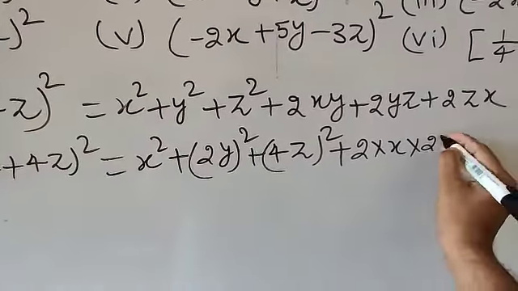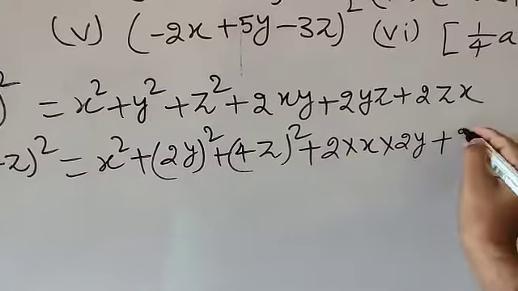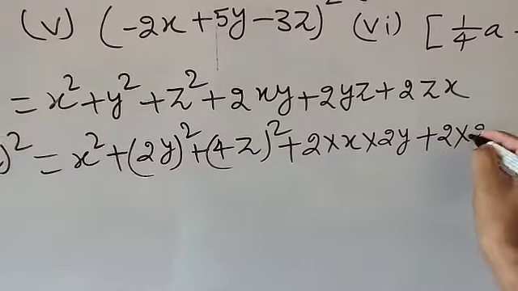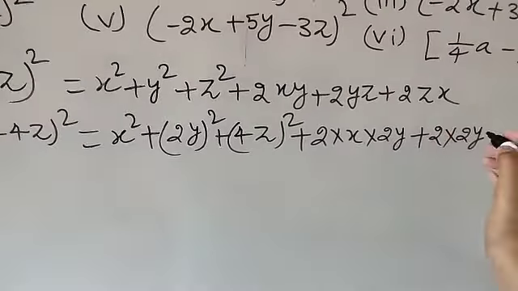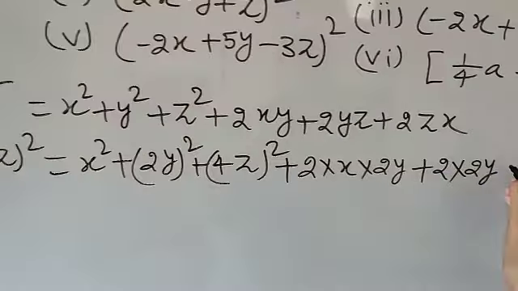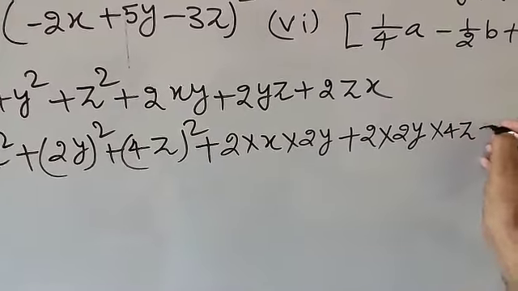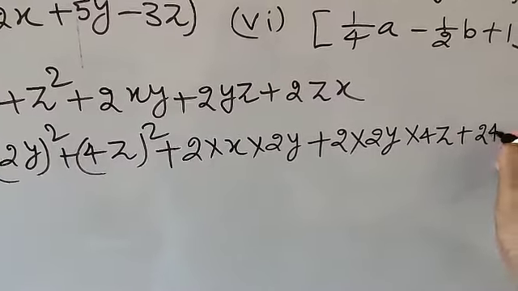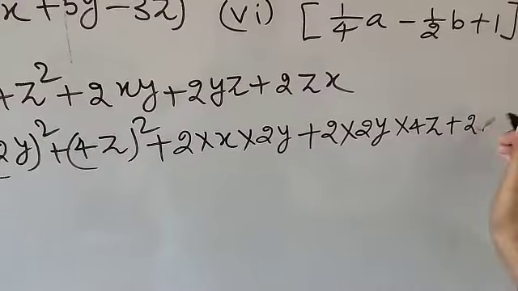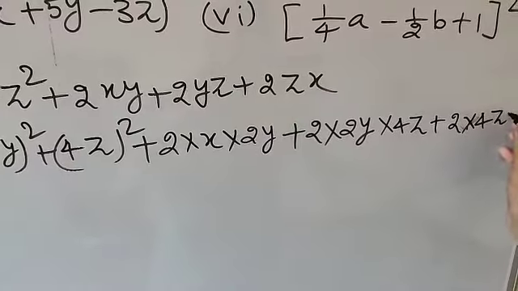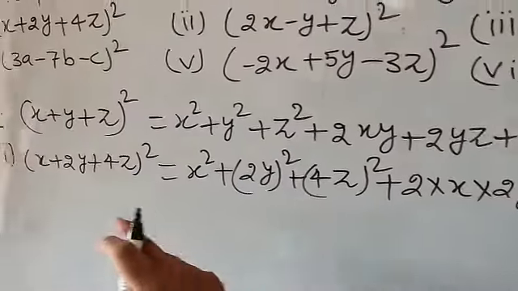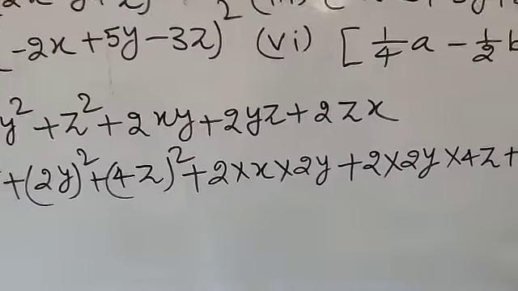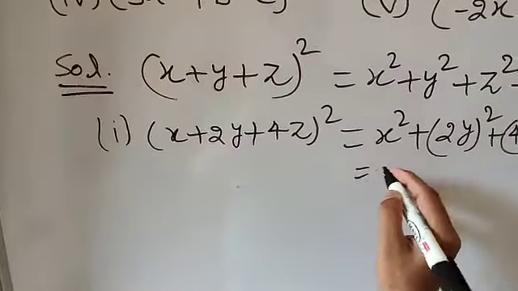What is the value of y here? 2y. So into 2y, plus 2yz, so plus 2 into y, which in your question is 2y, and z is 4z, so into 4z, plus 2zx, so plus 2 into 4z into x, and x in your question is x. Now expand this.